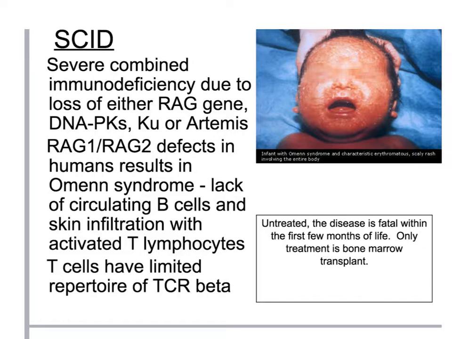Because they don't have B cells, they end up with T cells that go into their skin, and their skin ends up with all of these little bumps, blisters. It's just a nasty, nasty disease. Any severe combined immunodeficiency is going to be bad.